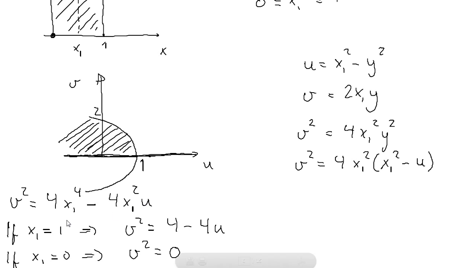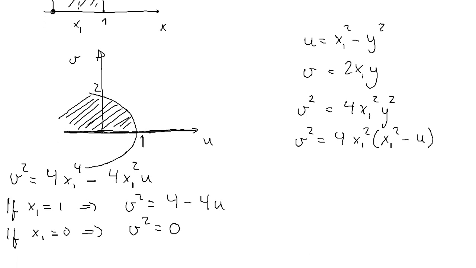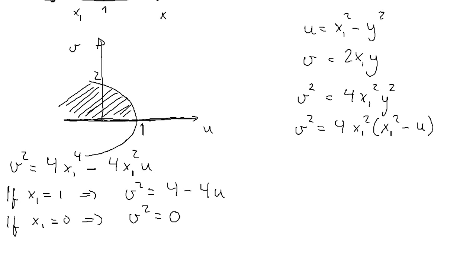So let's just take some example. If x1 is equal to 1, then we get this equation: v squared equal to 4 minus 4u. And for example, if x1 is equal to 0, then we get v squared equal to 0.